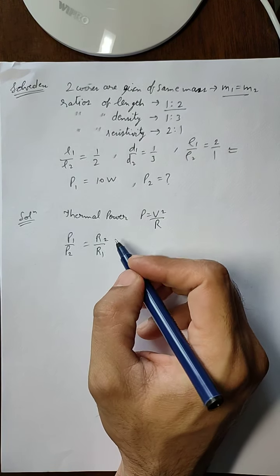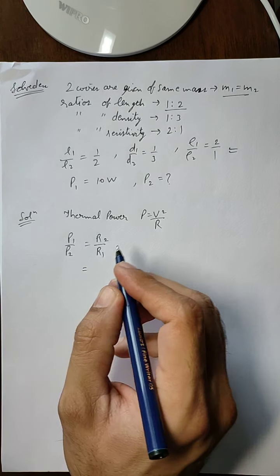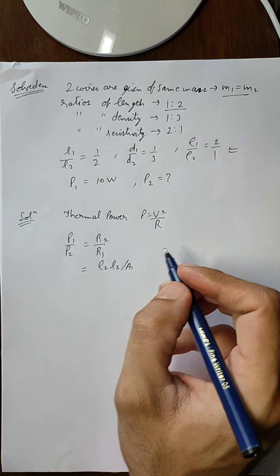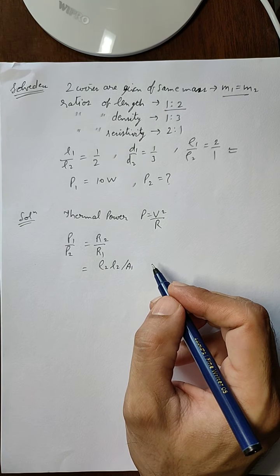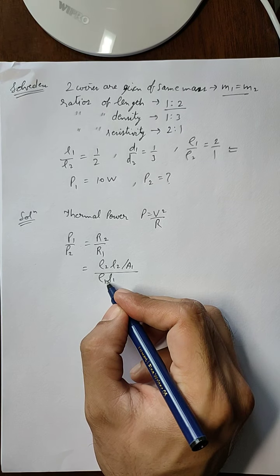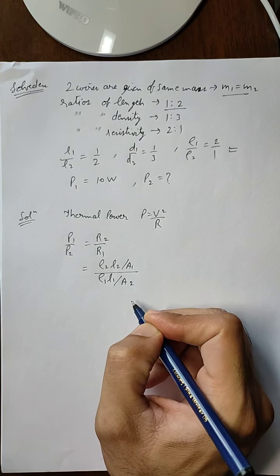Now R2 will be equal to ρ2 L2 upon A2. We are using the formula R equals ρ L by A, and similarly R1 will be equal to ρ1 L1 divided by A1.